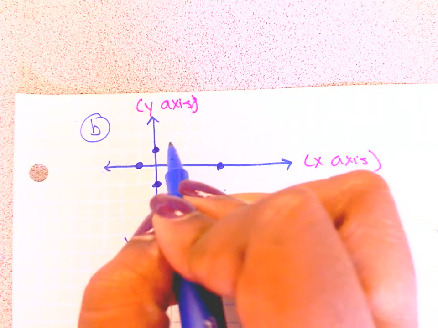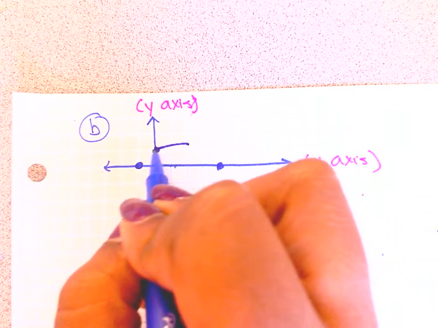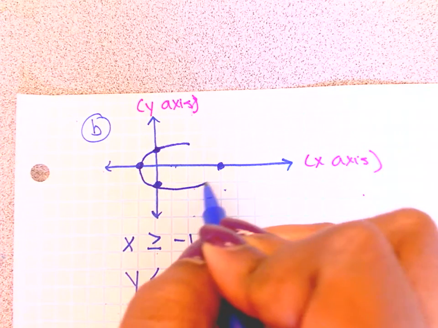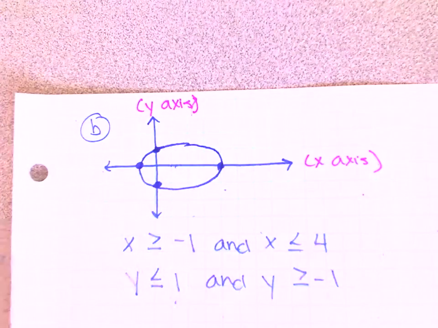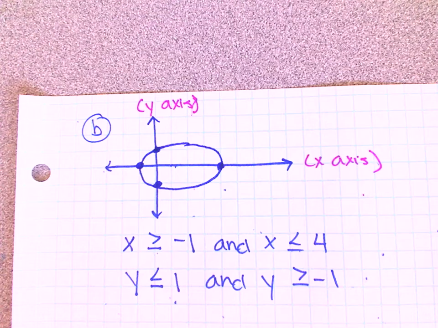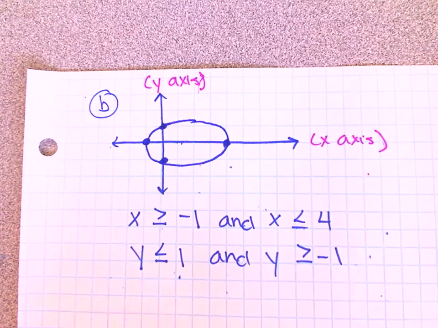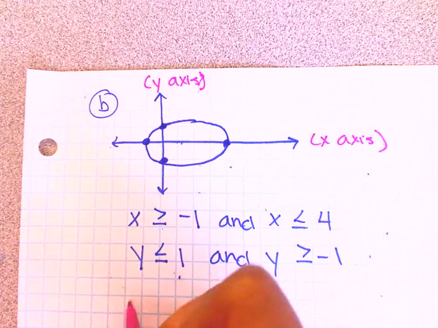And then they tell me that's my shape. Now, we can already tell it's not a function, right? Because it's going through 2 points. But how am I going to write my domain and my range?